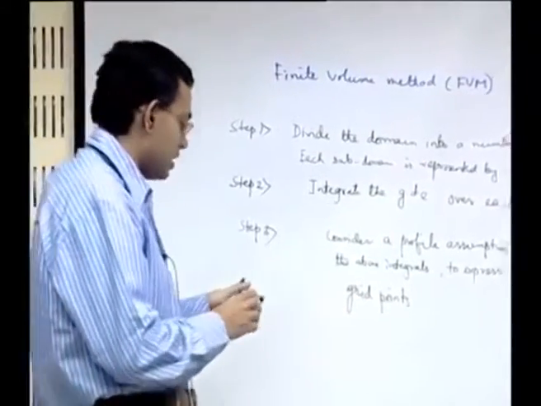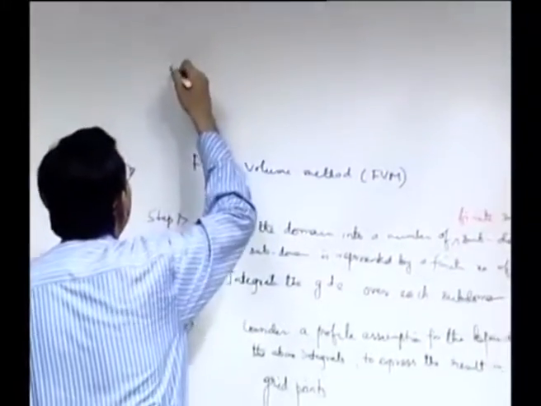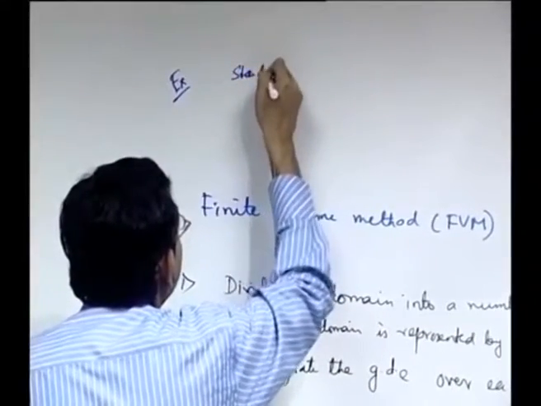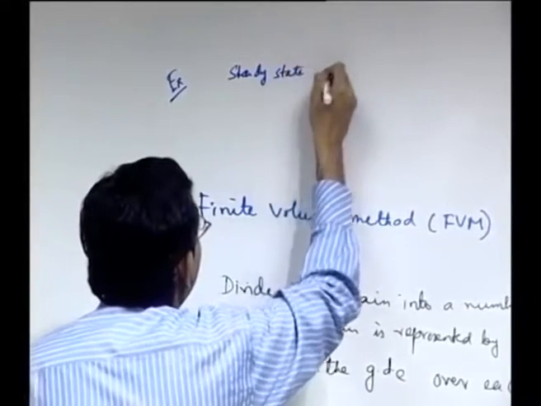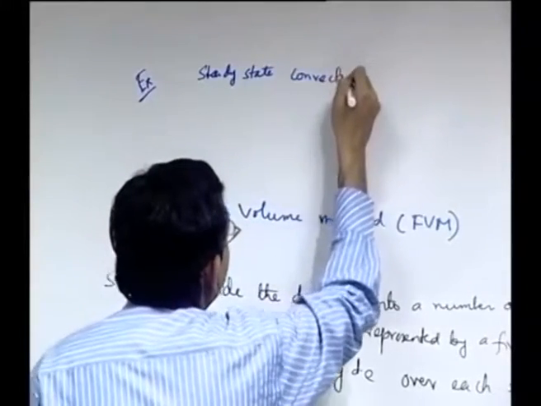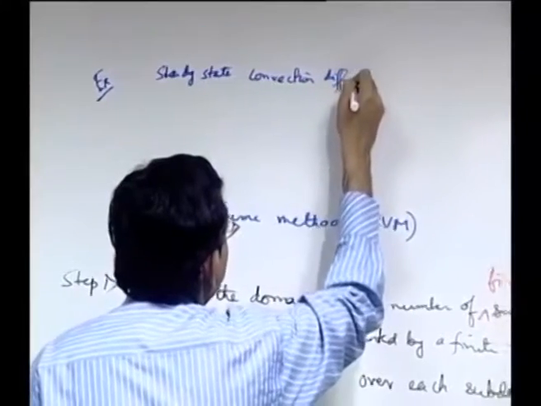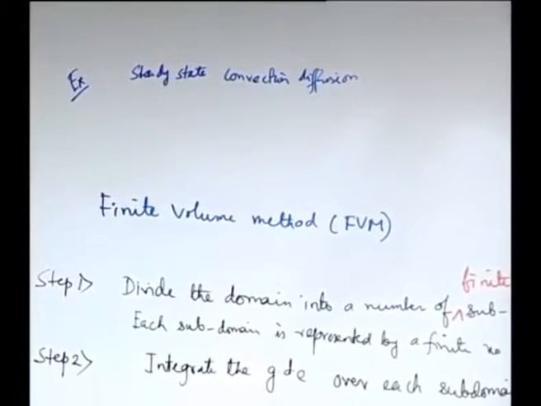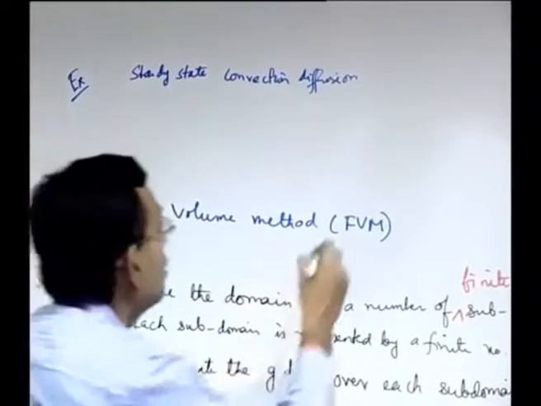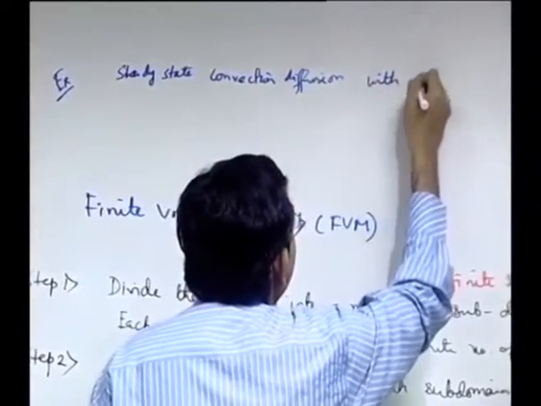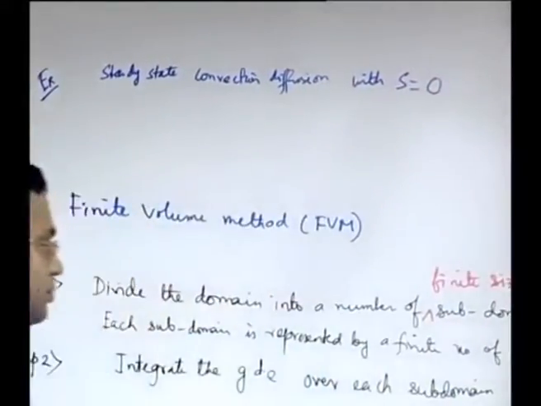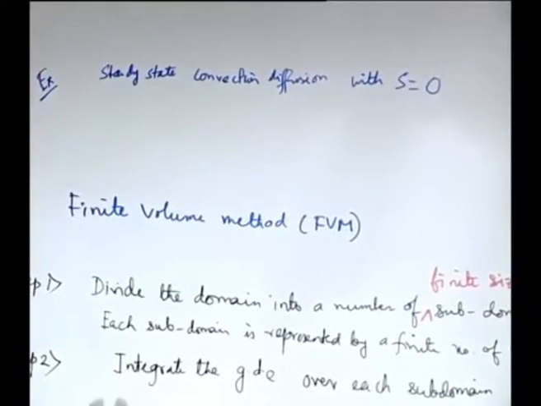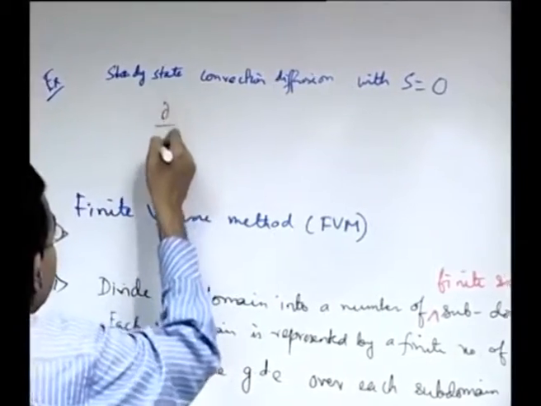So, let us consider an example: steady state convection diffusion with source equal to 0. Remember the general transport equation.